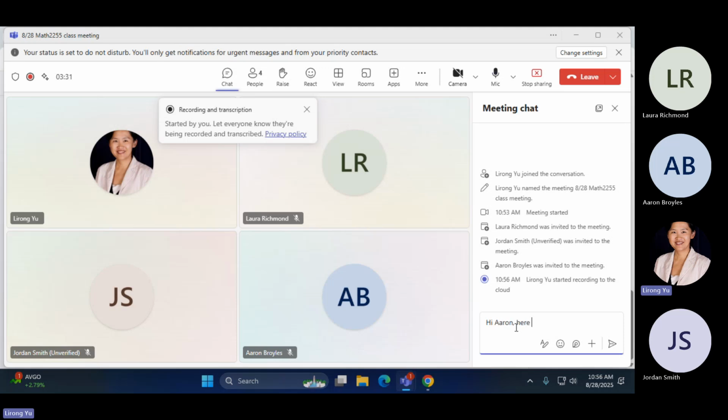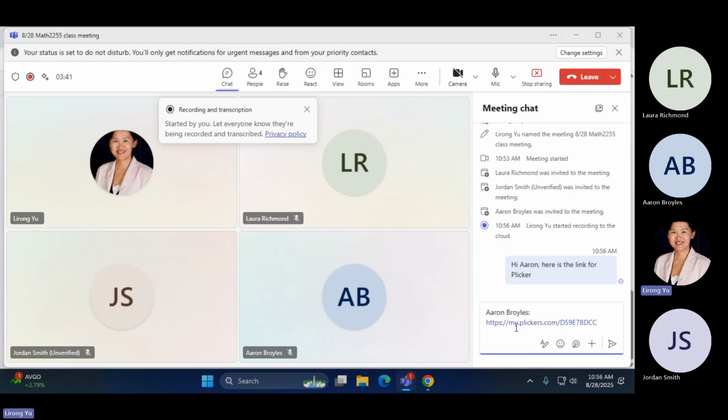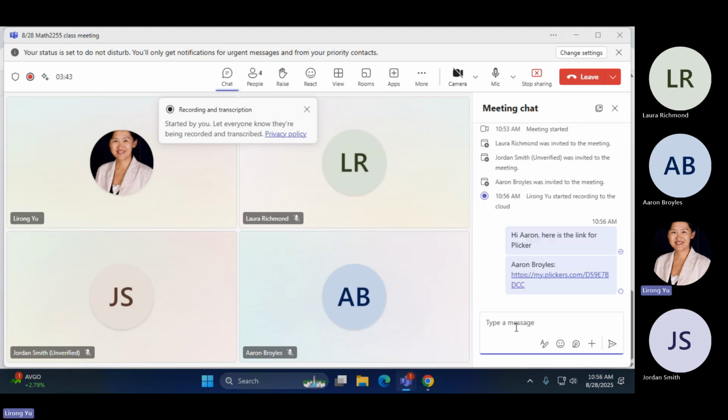Second one. These guys are good. These guys are good.